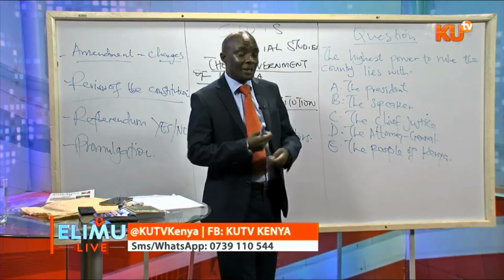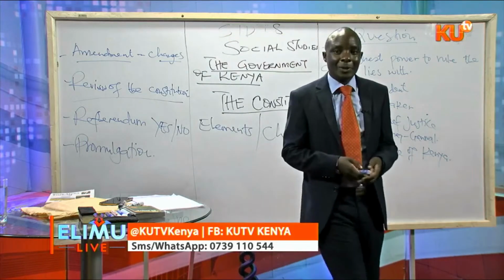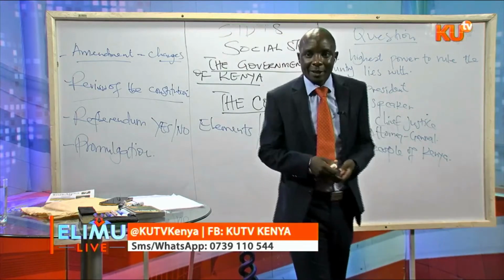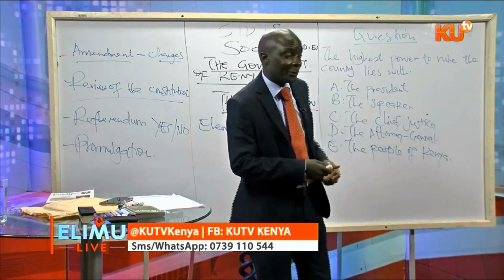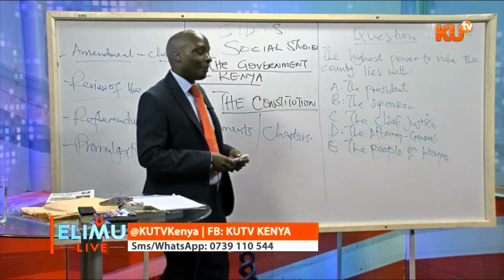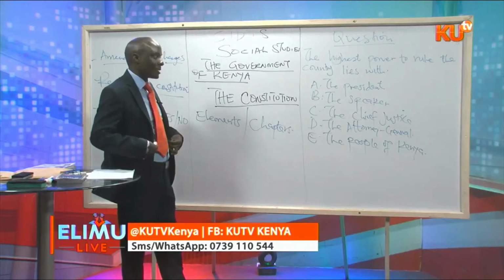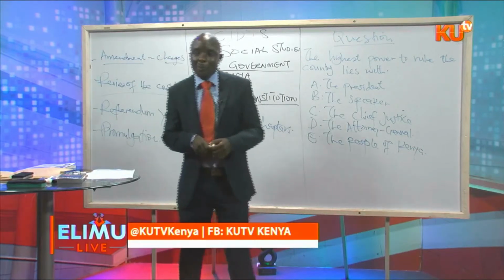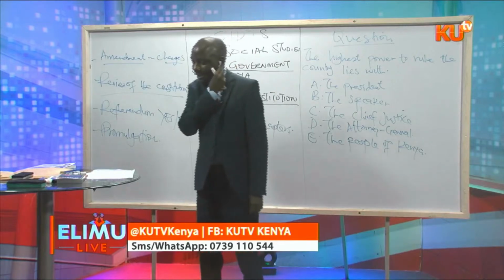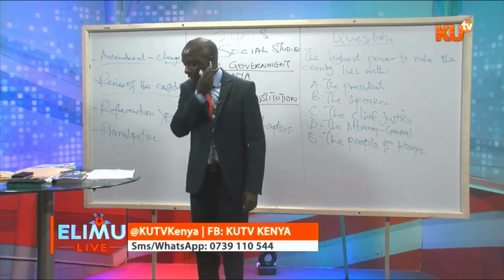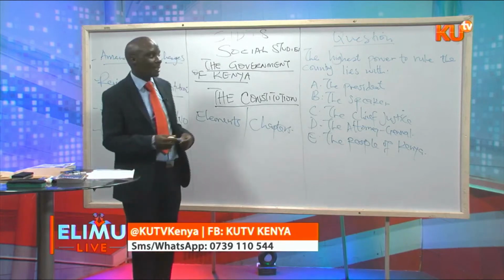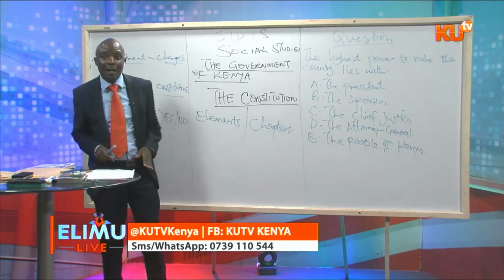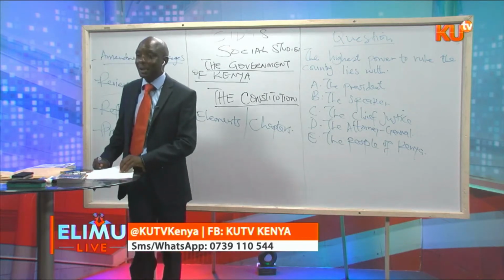You can SMS your answer to the number on your screen, 0739 110-544, or you can use our media platform and communicate to us, you student at home listening to me from your living room this morning, so that I can see whether we are together and what you know about this particular question, which is a simple question that can be asked in a KCPE.